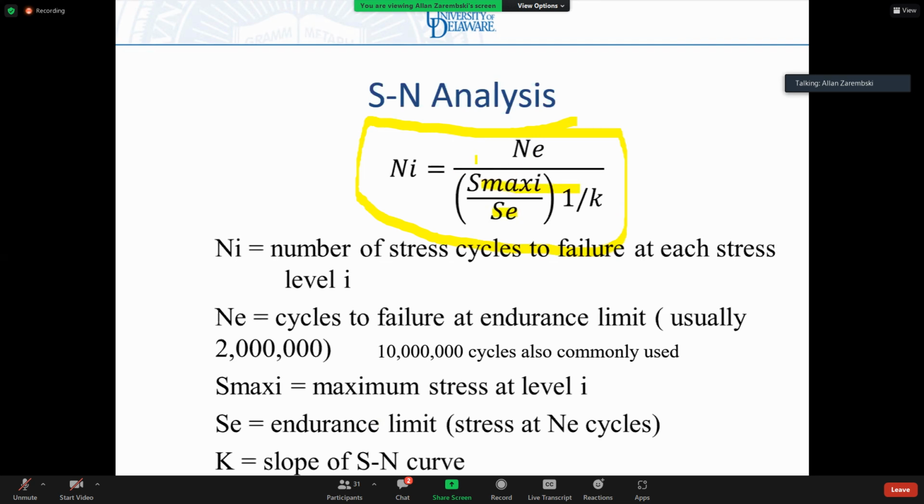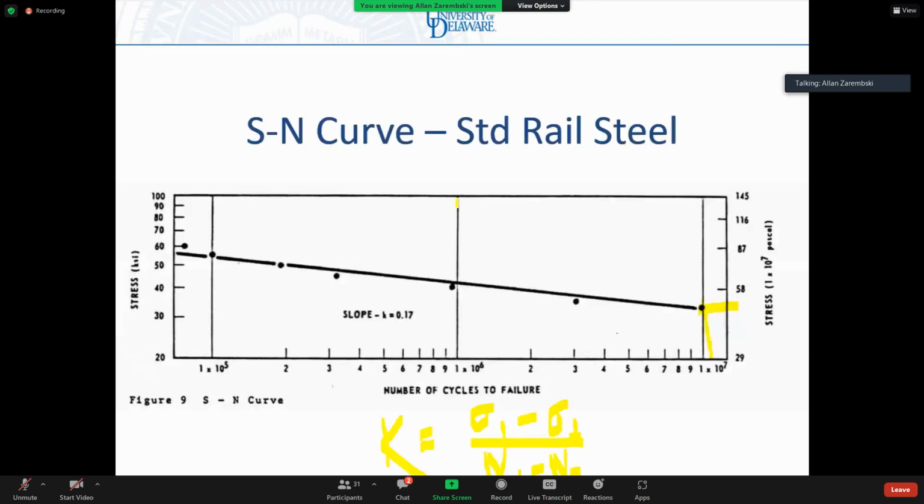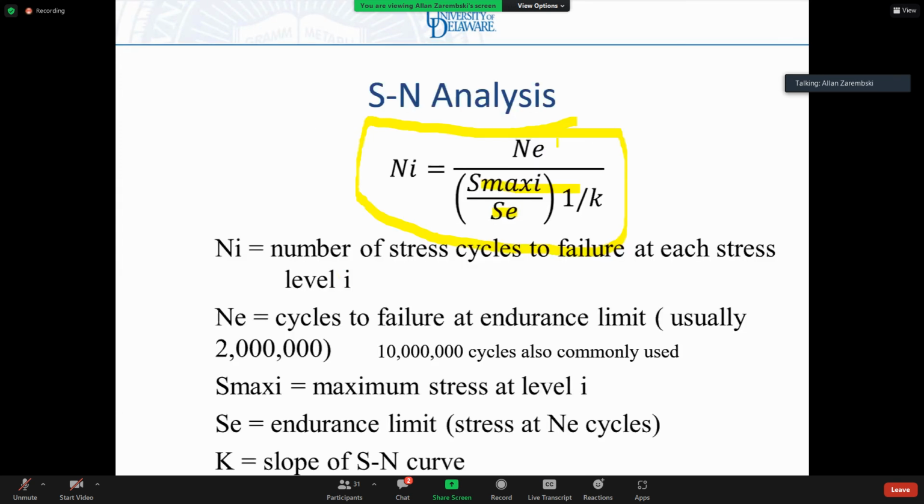What this says is that the number of cycles to failure at any stress level I want to pick is equal to the number of cycles at the endurance limit. This says 2 million or 10 million; for real, we use 10 million.